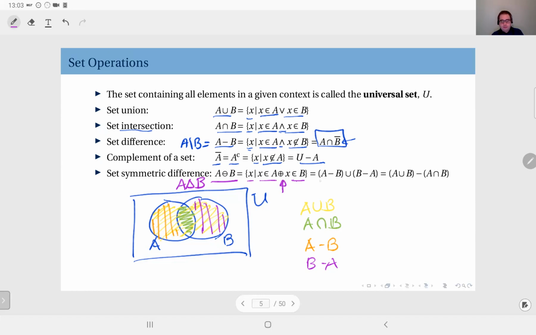Essentially, this is the union of A difference B and B difference A. Or you can just obtain this by the set difference from the union of A and B and the intersection of A and B. If you have two sets A and B, this here together with this constitutes the symmetric difference.